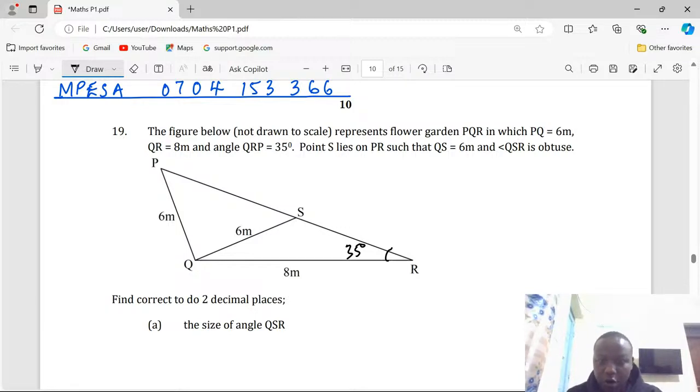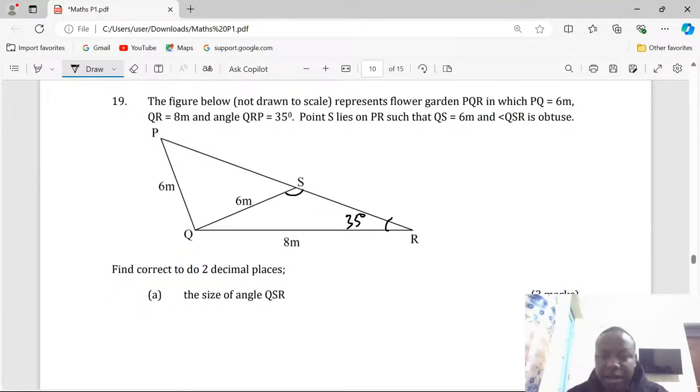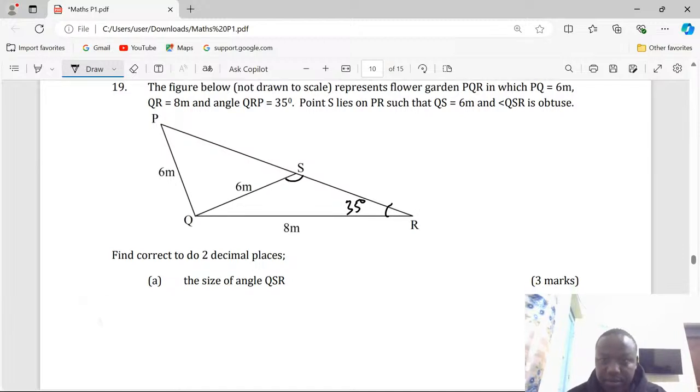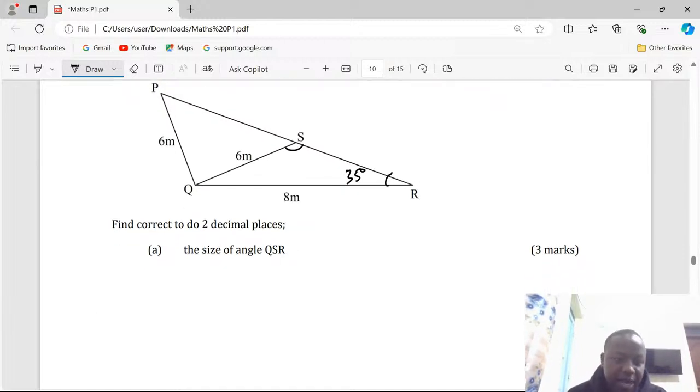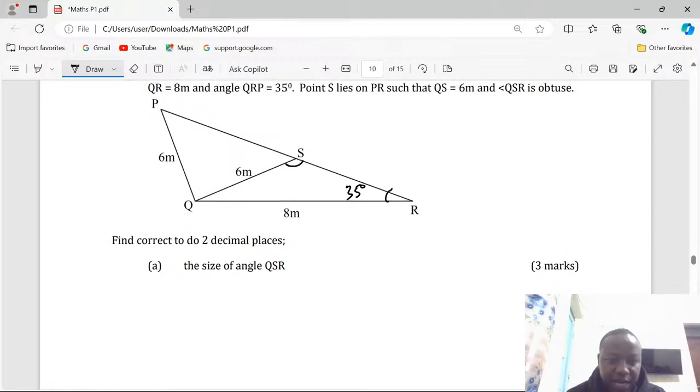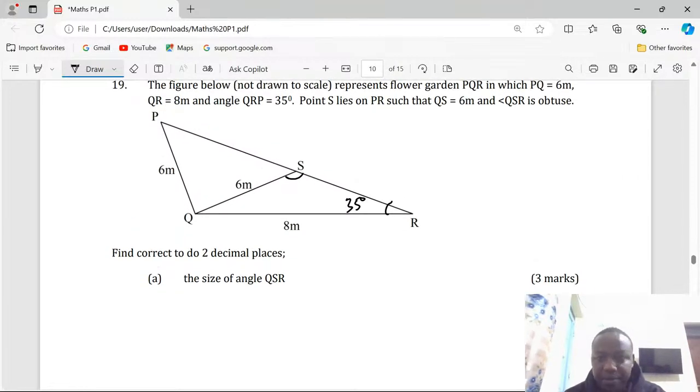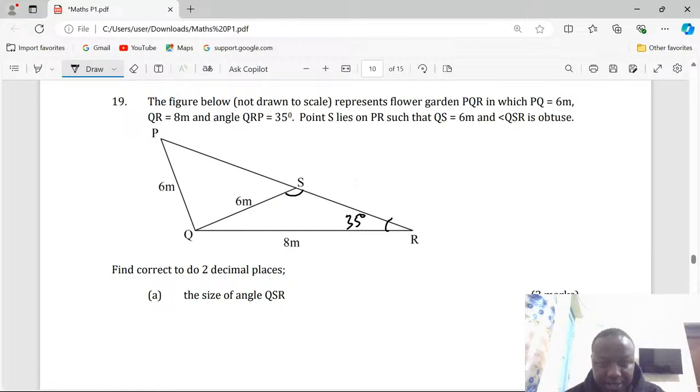Point S lies on PR such that QS equals 6 centimeters, and the angle QSR is obtuse, an angle greater than 90 but less than 180. Find, correct to 2 decimal places, the size of angle QSR. The value of that angle.